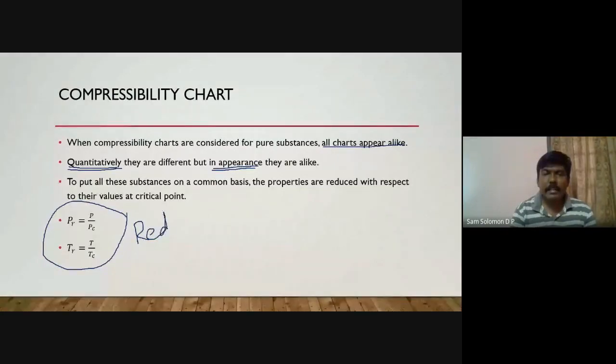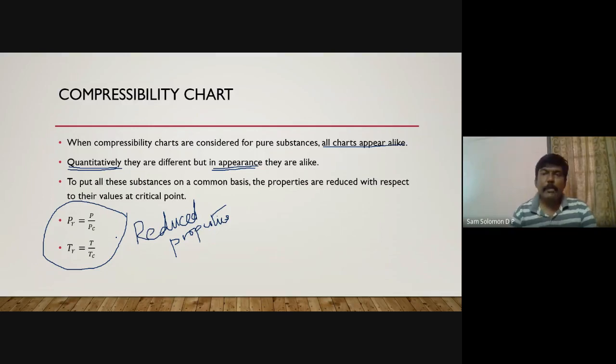So PR, TR, VR: reduced pressure, reduced temperature, reduced volume. The reduced property is defined as the given pressure divided by the critical pressure. Critical pressure for each substance we know. You know what the critical point is? The critical point is the point where you will not be able to distinguish between a saturated liquid and a saturated vapor.